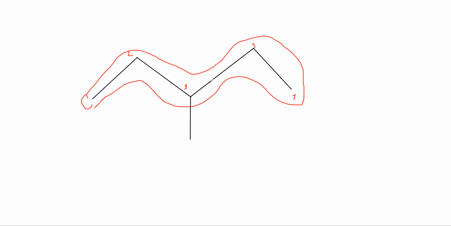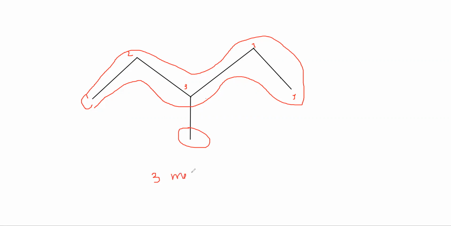How many carbon atoms in the branch? What is coming outside is a branch. So it's 1. And what's the position? It's the third position. So we'll say 3.